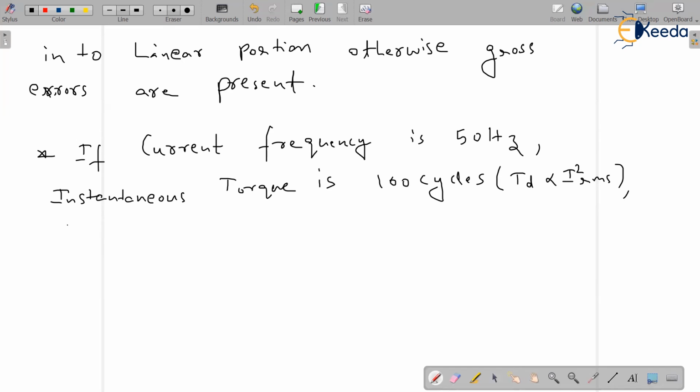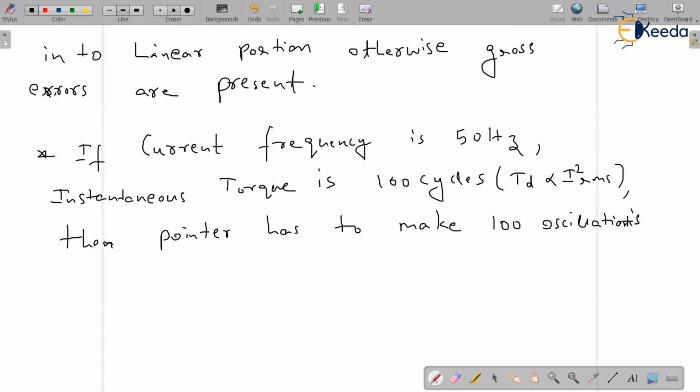The pointer has to make 100 oscillations in 1 second.